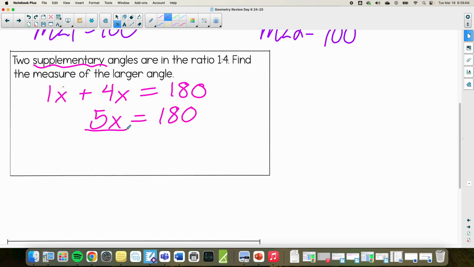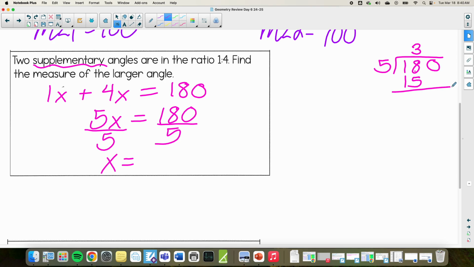Then we would divide by 5. And again, if you can't do that in your head, you would have to do long division. So, like if you went 5 into 180, 5 goes into 18 3 times, so this would be 15.